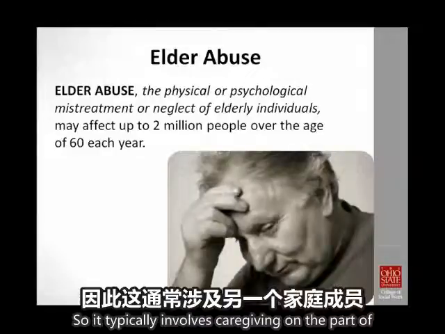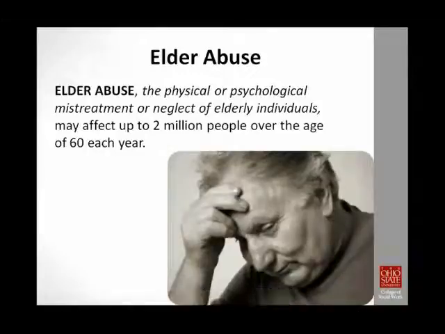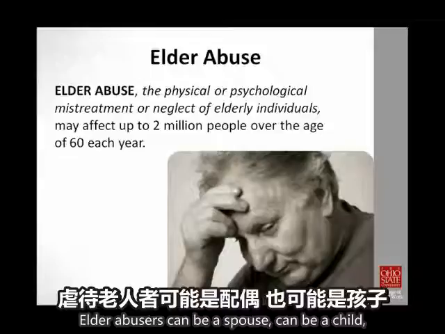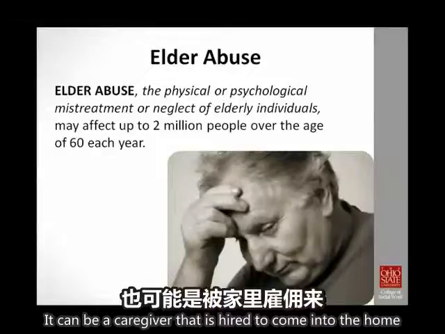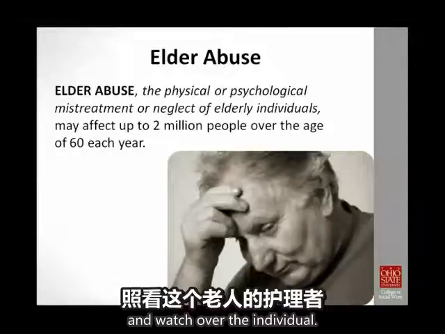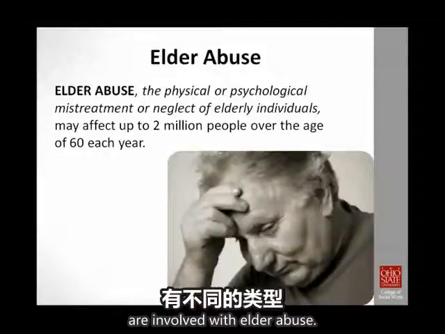So it typically involves caregiving on the part of another family member for the older adult. Elder abusers can be a spouse, it can be an adult-age child. It can be a caregiver that is hired to come into the home and watch over the individual. So there can be different individuals that are involved with elder abuse.